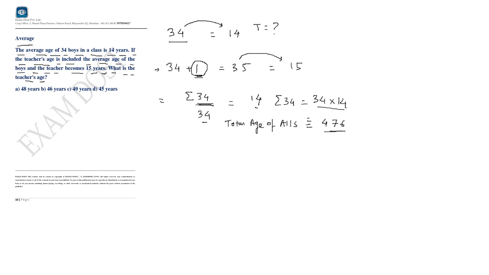And similarly, when there are 35 people, 34 students plus one teacher, so there are a total of 35 people, we can write summation 35 upon 35 and the average is 15 now.